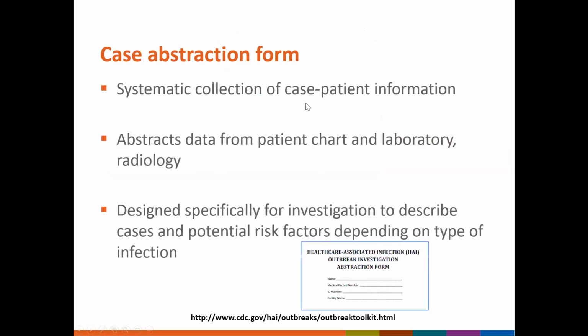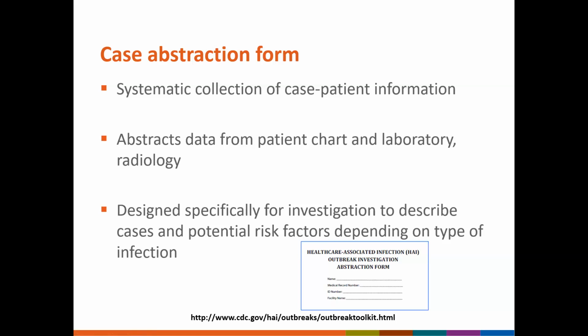And there are already existing data collection forms. There is an updated form also. I have provided the link for the data collection form for a healthcare associated outbreak. It is in Word format from CDC. You can always download this from the CDC website mentioned here, and modify it based on your need, based on the exposures, based on the pathogen you are dealing with.